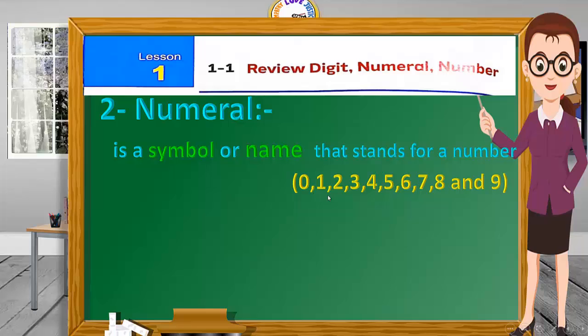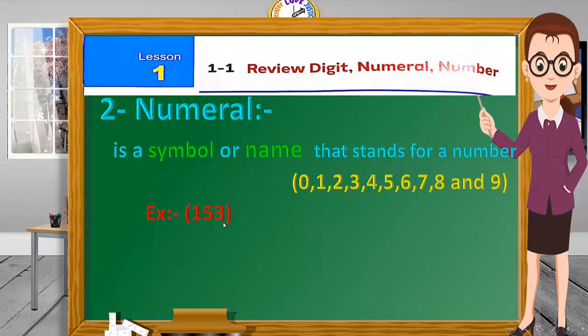Any single number from 0 to 9 is a digit. I want to use all, or some, of the 10 digits to make a numeral. Take any digits as you like. Do you see this example? 153. We use 3 digits.